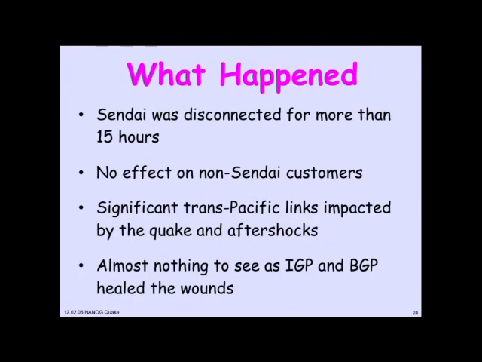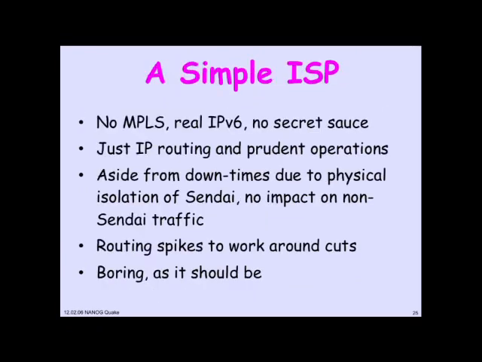So Sendai was disconnected for more than 15 hours, with no effect on any other customers. Transpac links were impacted by the quake and aftershocks, but BGP and IGP healed it. By the way, we're a simple ISP, no MPLS, real IPv6 for about 14 years now.